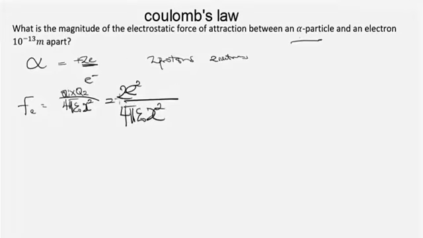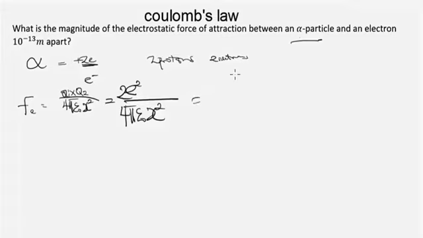The reason we have 2e squared is that Q1, which is 2e, times Q2, which is e, will now give us 2e squared.